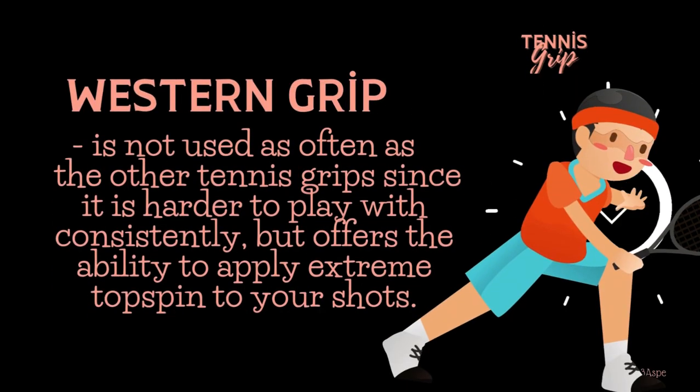The Western grip is not used as often as the other tennis grips, since it is harder to play with consistently, but offers the ability to apply extreme topspin to your shots. For a Western grip, place your index knuckle and heel pad on bevel number 5.